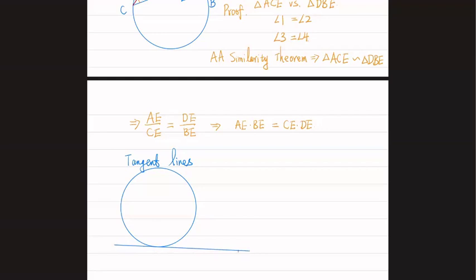So if we call this point P, a point outside of the circle, the line touches the circle at exactly one point, we call this A. We will call this point the tangent point.